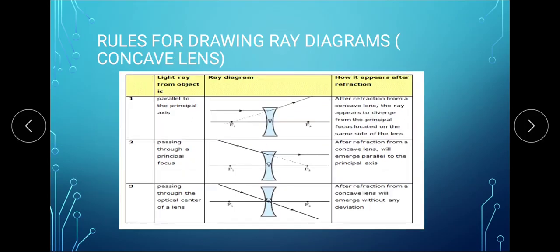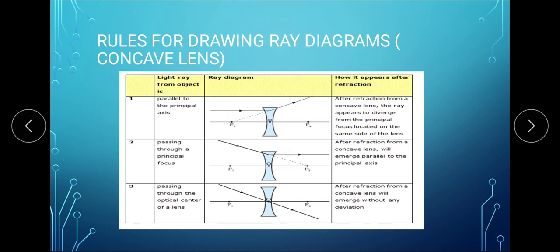Now we will discuss the rules for drawing ray diagrams in case of concave lens. All three rules are same. The first rule, that a ray which is parallel to the principal axis, since it is a diverging lens, the ray will appear to diverge from principal focus. In convex lens, the ray was actually converging at focus, but now the refracted ray will appear to diverge from principal focus.